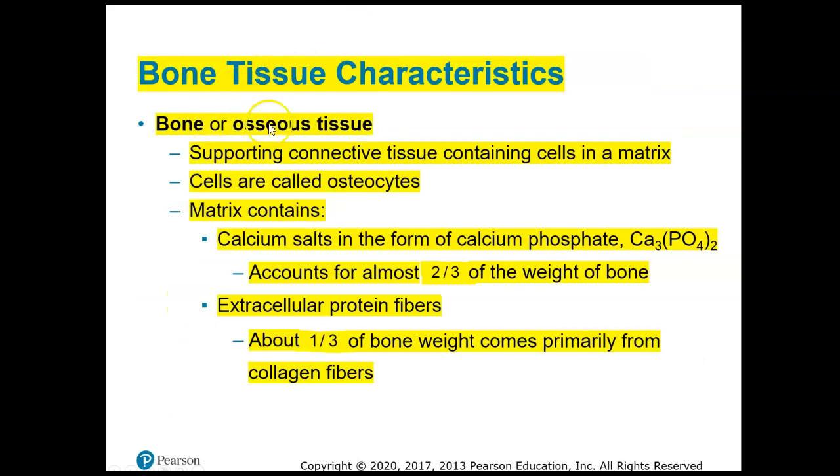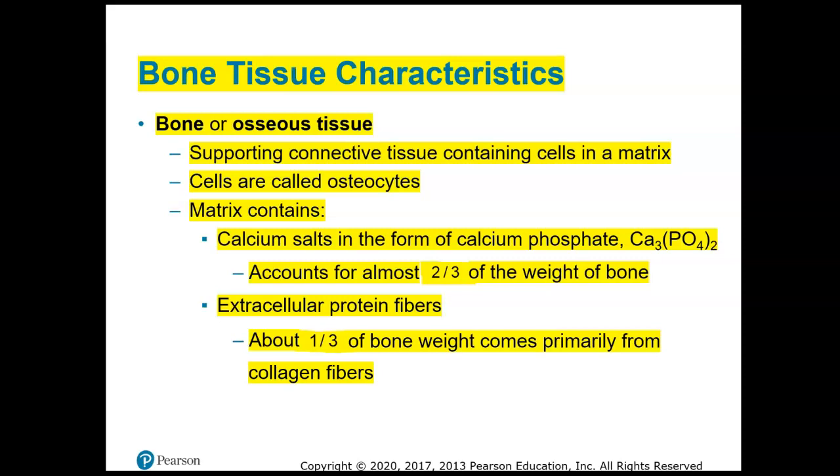Moving on, we're going to talk about bone tissue, which is also called osseous tissue. Remember that bone is a supporting connective tissue. So it consists of bone cells, which always start with the prefix osteo, because osteo means bone.